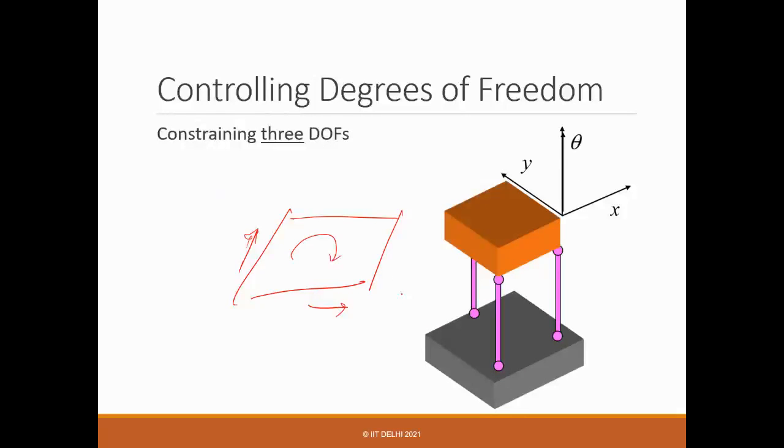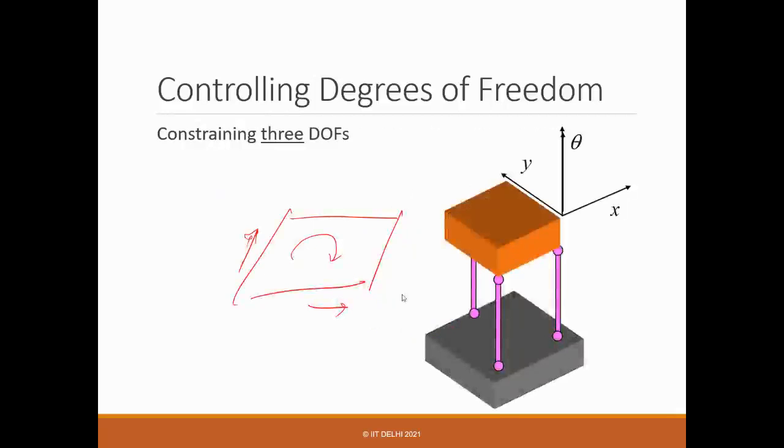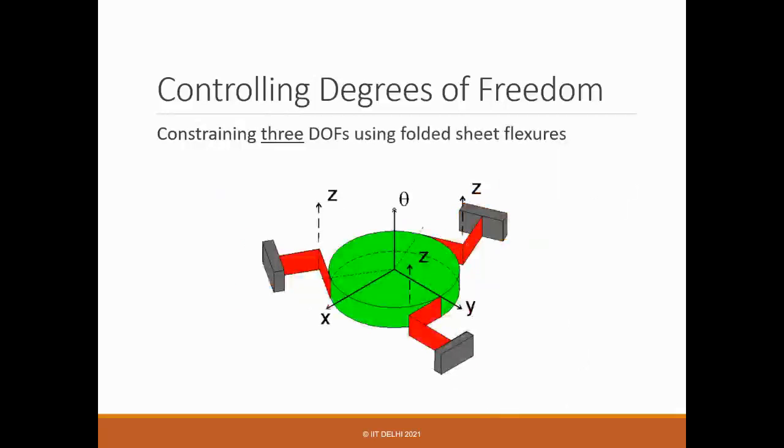So you will get planar motion using three legs. But what happens if you have these 3 folded leaf springs? So all these legs, the constraining lines, you can equivalently replace with these folded leaf springs. But you realize that this is a very good design, because these are like 3 floating lines, 3 floating legs.